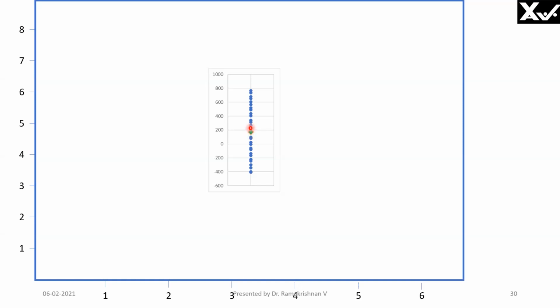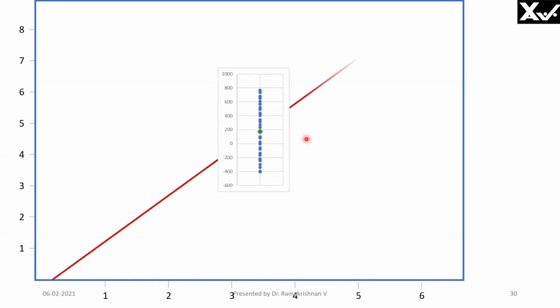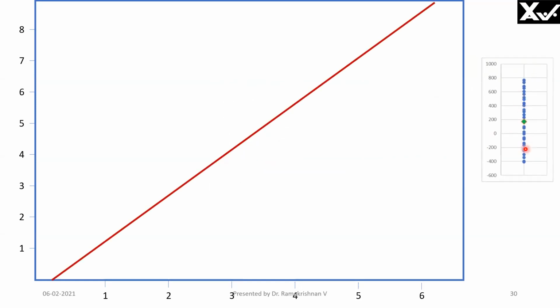We will find it out for all the values. We cannot add it just like that because the positive and negative values will compensate and give you a wrong answer. Therefore, in order to get a positive value, we square the differences and then sum them up. That is called sum of the squares total, SST.